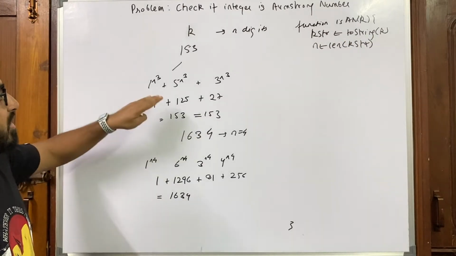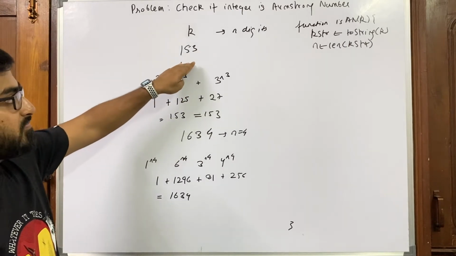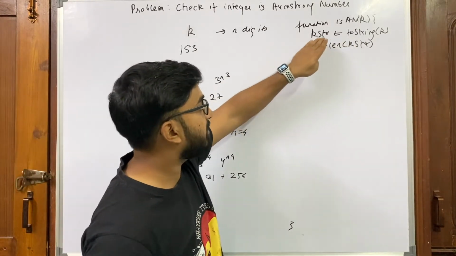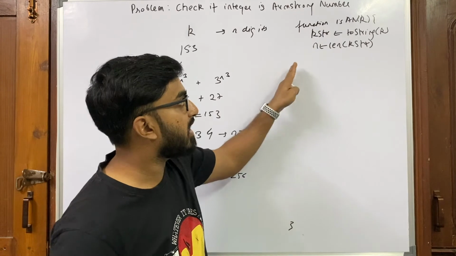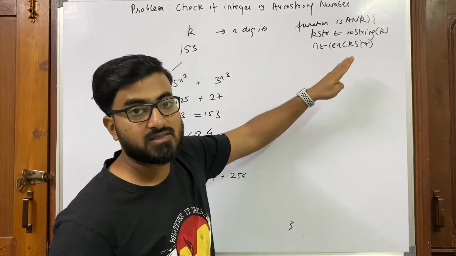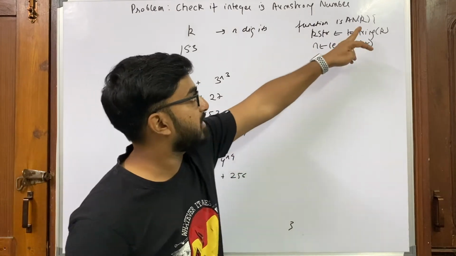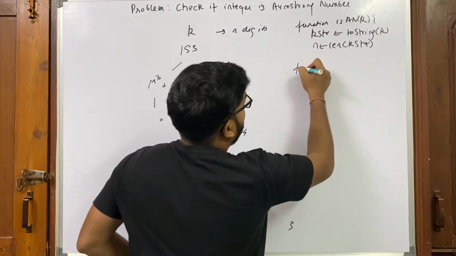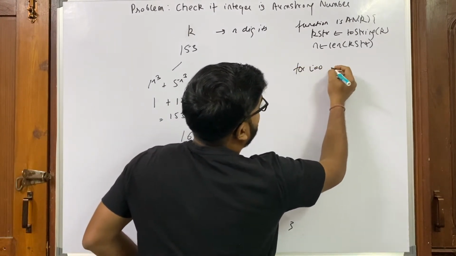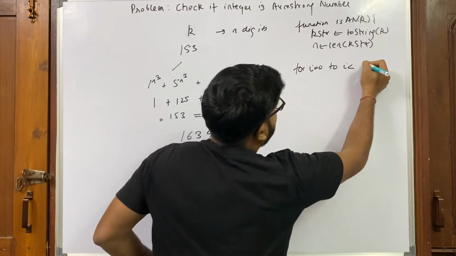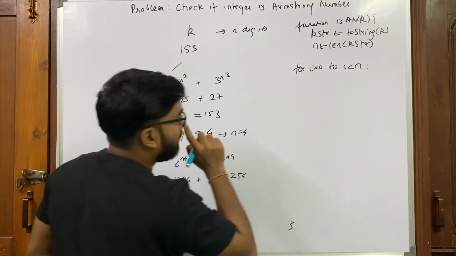Next I have to pick up each digit from this integer. Now I have this integer in string form, so I iterate the string and pick up each character, which is each digit in k. So I do for i equals 0 to i less than n, iterating the string.